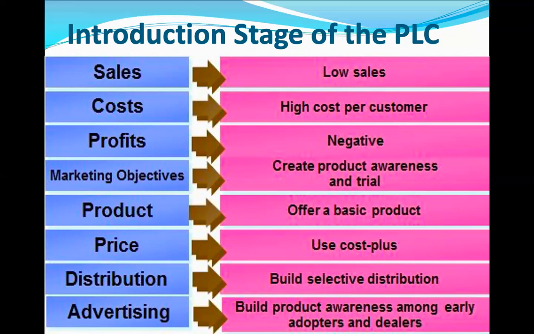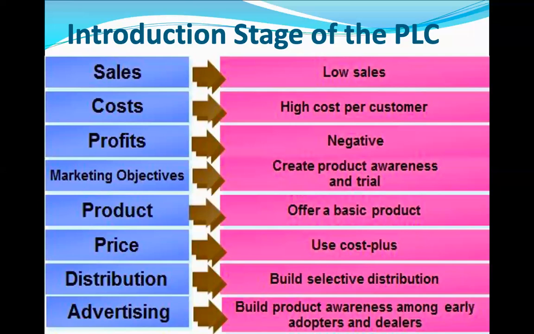You might have invested a lot into fixed assets and not yet depreciated and recouped their cost. And so the cost per customer is likely to be high at this stage. Once these two things are this way, profits are likely to be negative.